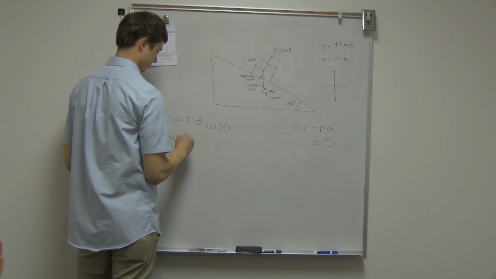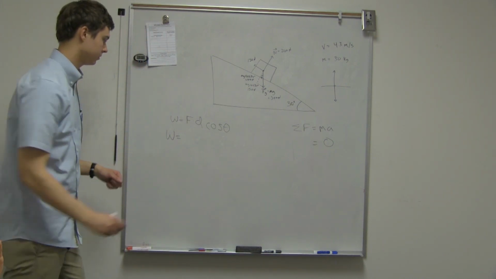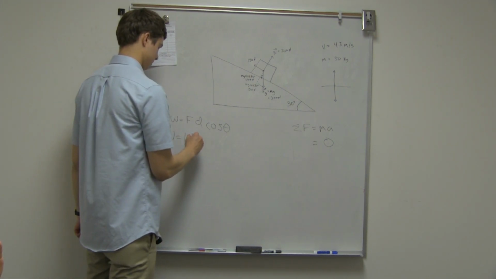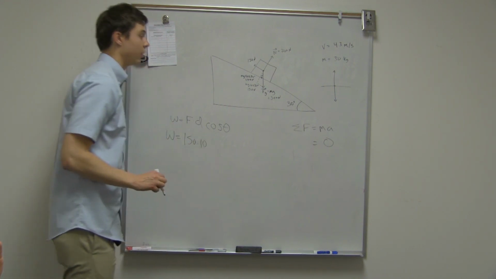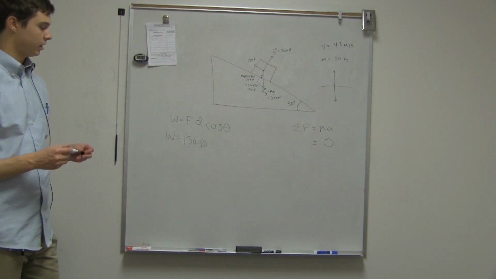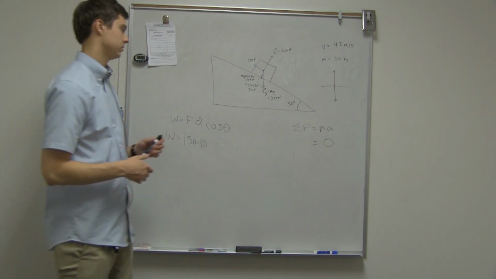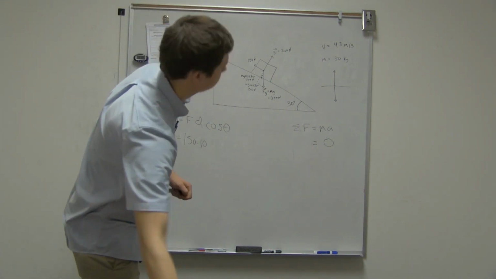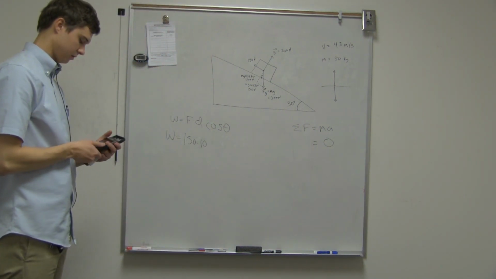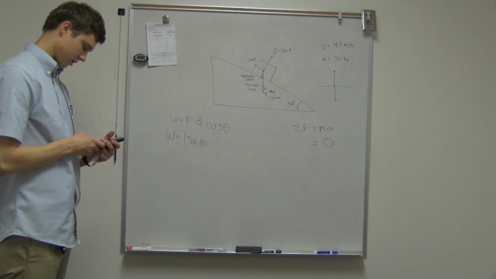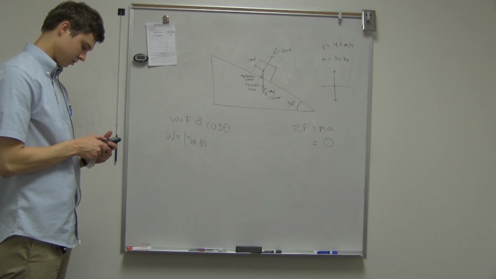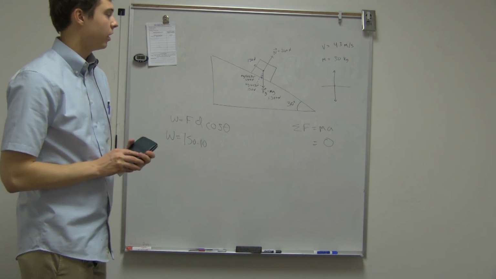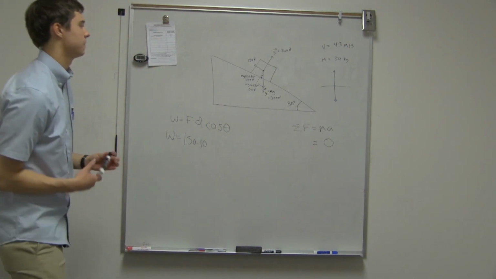The distance is whatever we make up, so like 10 meters. And then cosine of 30, which is the angle. It wouldn't be 30. It would actually be 180. 180 cosine. Yeah. You could either call it 180 or 0.